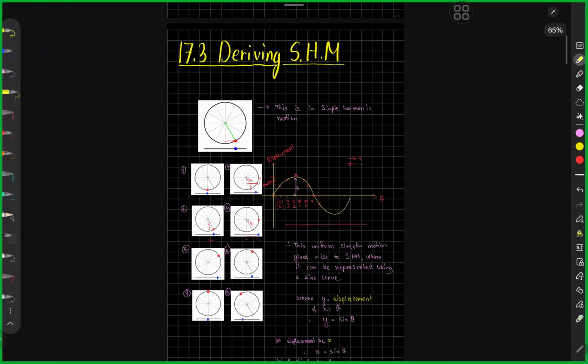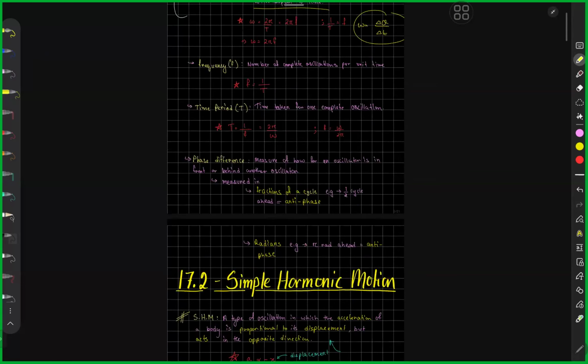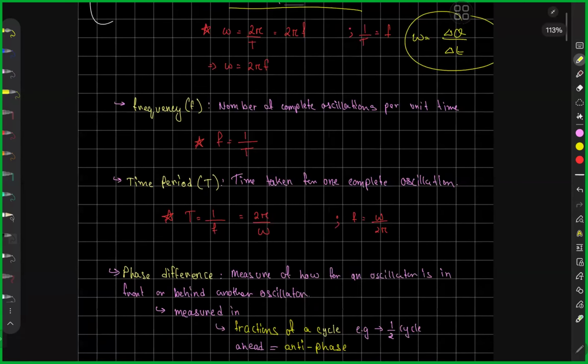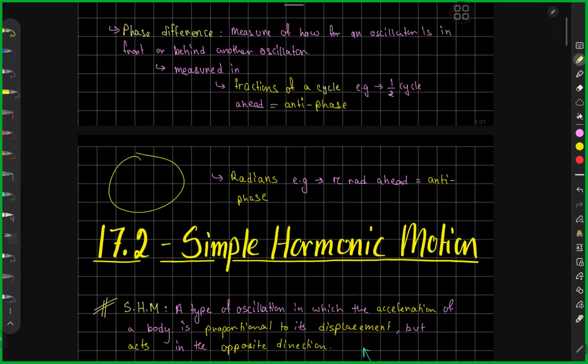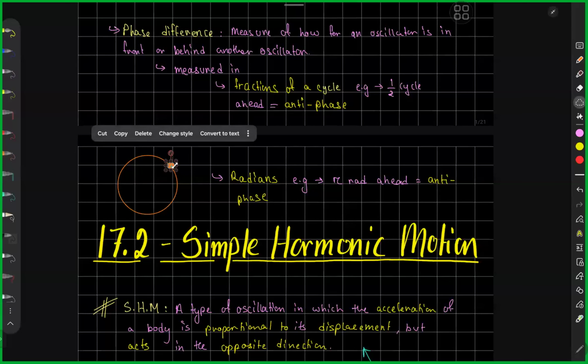This is very interesting, deriving simple harmonic motion. But the general idea is, let's say I have a circle, and I have a bob over here. It experiences a certain omega. It is changing its theta. Now, this change of theta, I can say with respect to position as well.